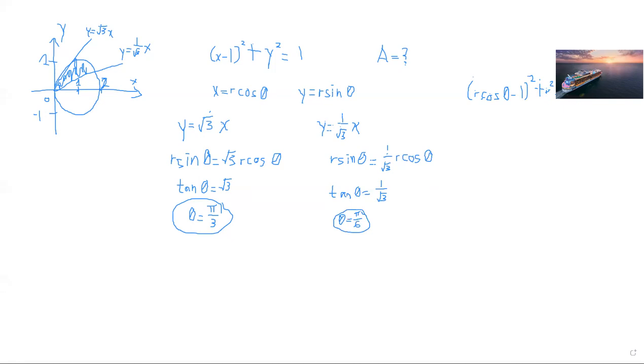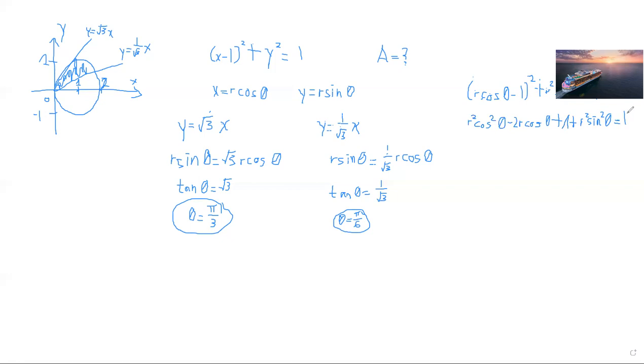Sorry about this pen. Okay, then you just expand it: r squared cos squared theta minus 2r cos theta plus 1 plus r squared sine squared theta equals 1.